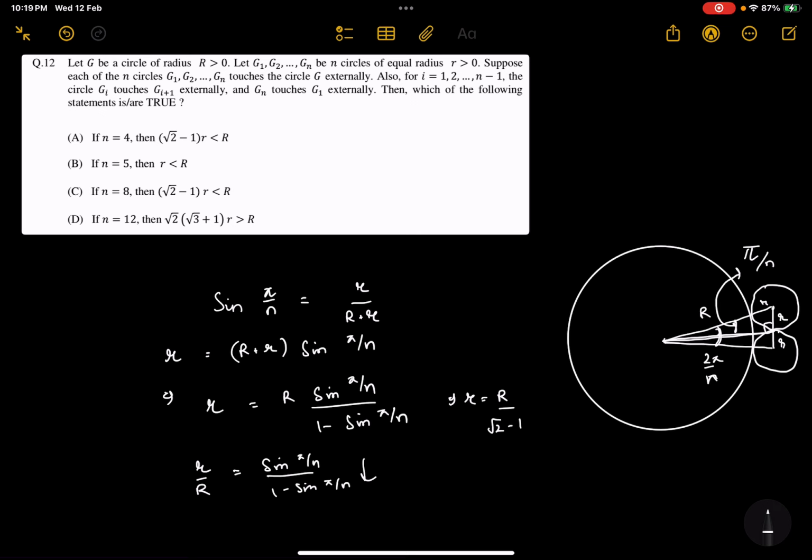And so this decreases as n increases, and at n equals 6, this thing is 1. So if n is less than 6, this thing will be greater than 1. That is, if n is less than 6, it implies r by R is greater than 1, which implies r is greater than R. So B option is also incorrect.